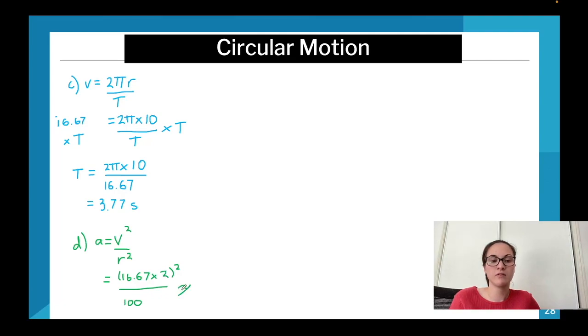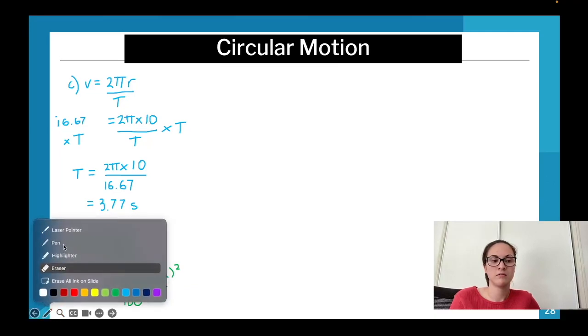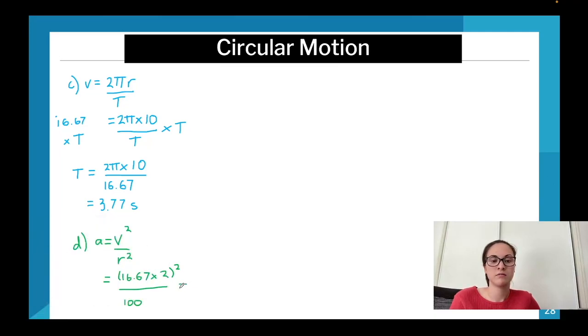And that should give us, oh, no, I don't know what happened there. Alright, I just put the wrong number in, hold on. That's better. Alright, that gives us 11.12 meters per second squared.